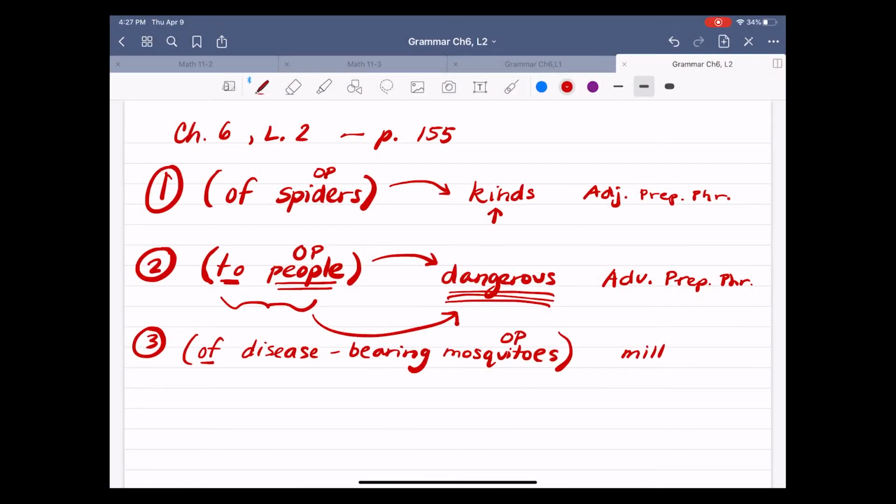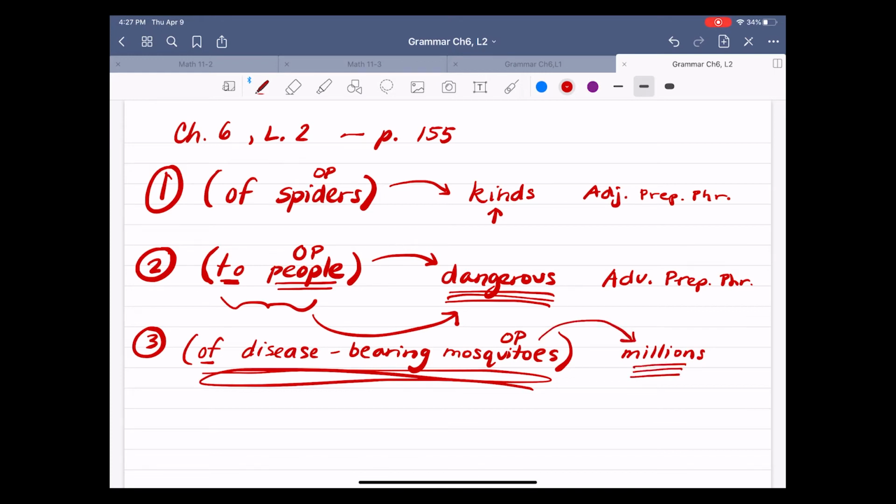Of disease-bearing mosquitoes is telling us about what in that sentence? Look for something around that phrase. And the thing that you're going to notice is millions. Millions of disease-bearing mosquitoes.